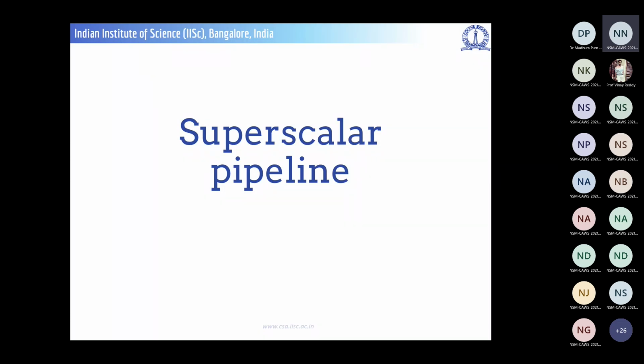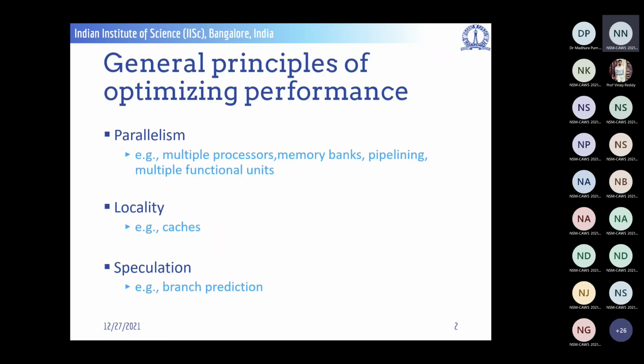But before we get into that, I want to have one slide about the three basic principles that you will see repeated in multiple forms over these courses. Not only in computer architecture, but in computer systems generally.